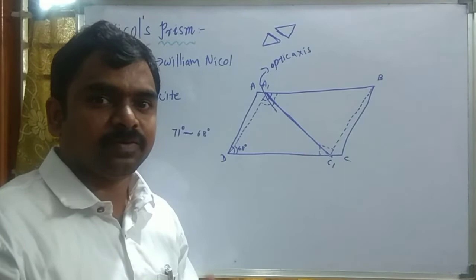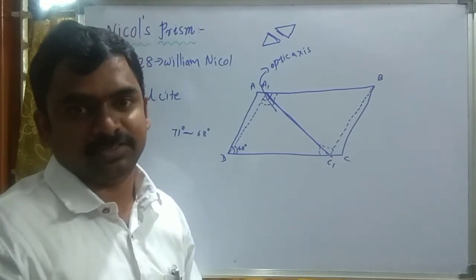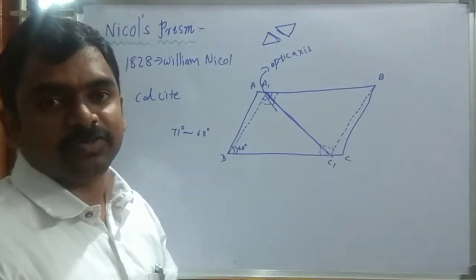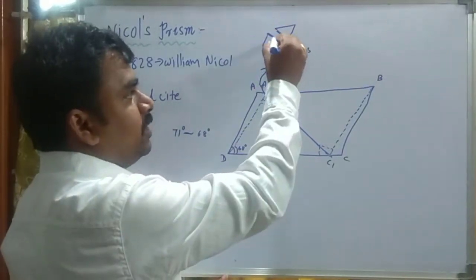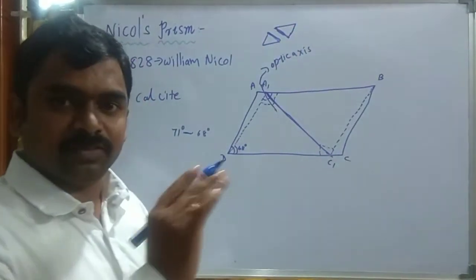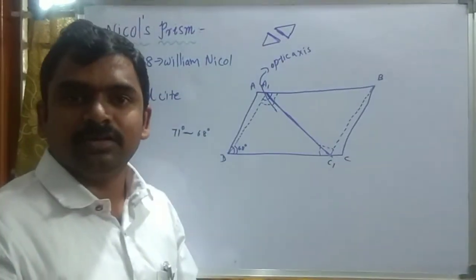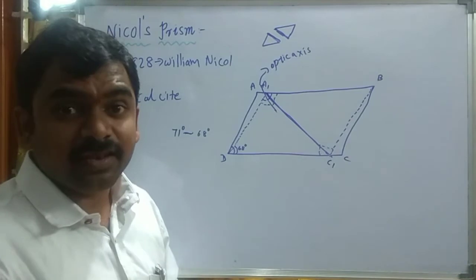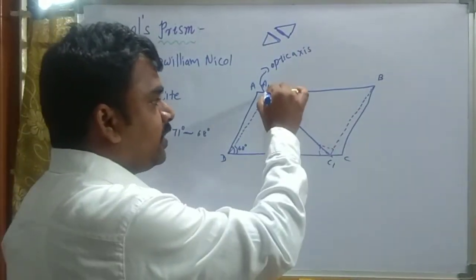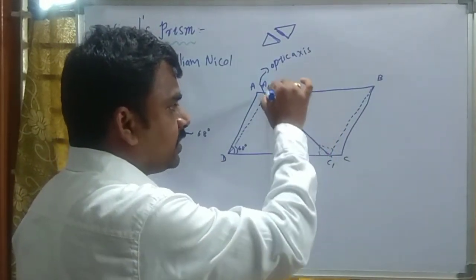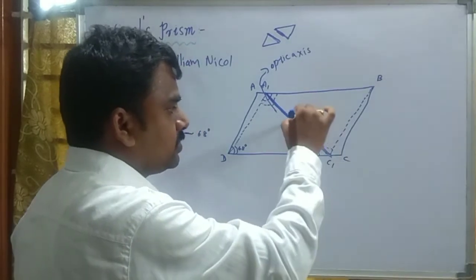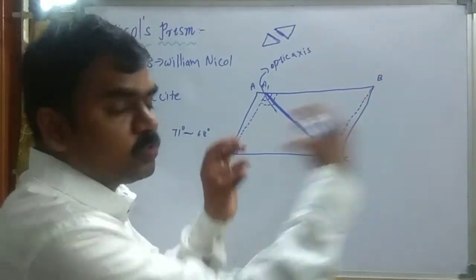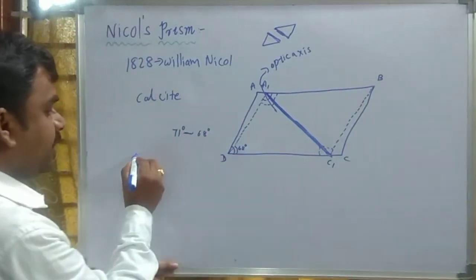As we know, light won't pass through a rough surface. So to pass the light, you have to polish them, make the crystal into a smooth surface. Then by using one type of material, you add them together once again. The material we use to join them is Canada balsam.